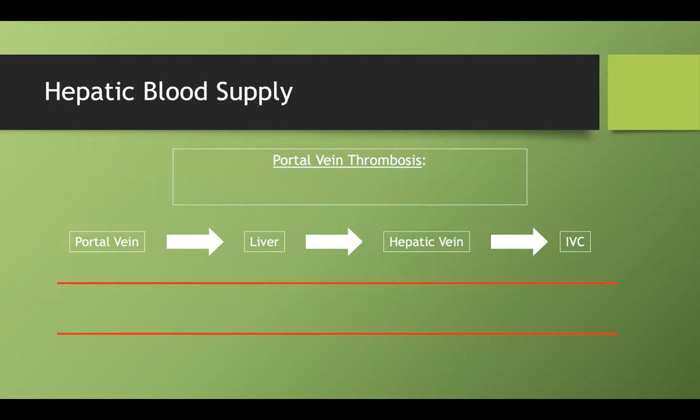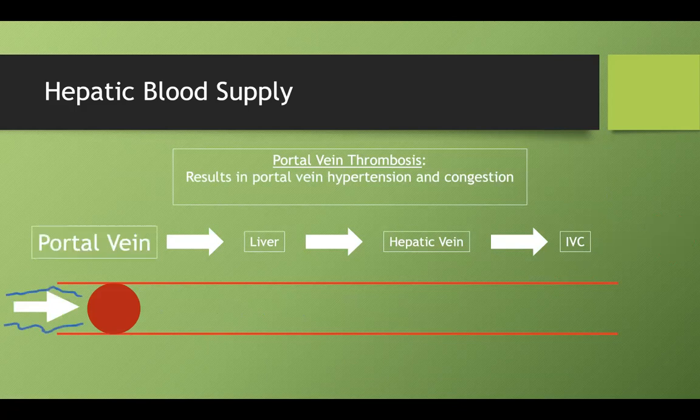Another thing I want to talk about, now that we've talked about Budd-Chiari syndrome and right heart failure, I want to discuss portal vein thrombosis. So imagine if you have a thrombus in this region here, it's only going to cause portal vein hypertension and congestion. So as you can see, if nothing's coming through, you're going to get a lot of backflow in the portal system directly. But it's important to realize that the liver is unaffected.